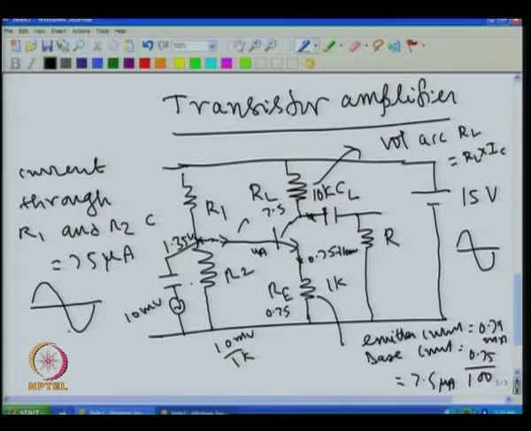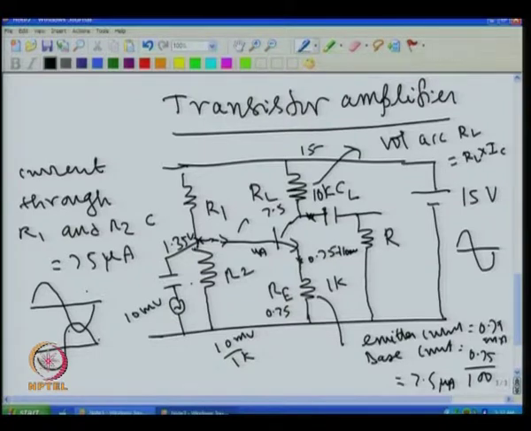Then if you look at this point, when the current is more, you have more voltage drop. So the voltage at this point comes down, because the voltage at this point is 15 volt minus the voltage across this. So more voltage across this gives you less voltage at this point. That means, when the AC voltage is rising, the current through this is rising, and the voltage at this point is decreasing. So that is what you get.